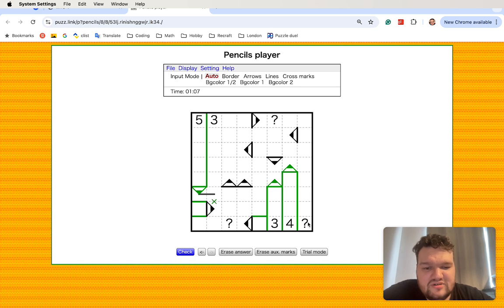And this question mark must be some pencil going up, but we don't know the ones yet. Cannot draw anything here, so from this pencil the line must extend to the left. Cannot go here. Those are some pencils.